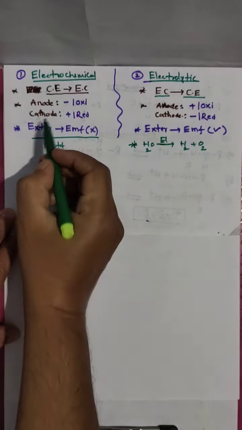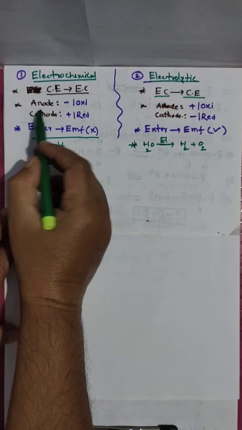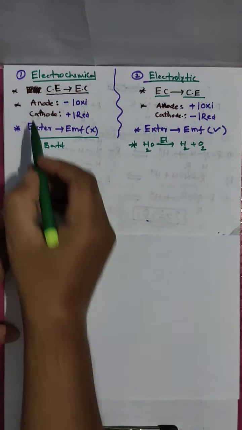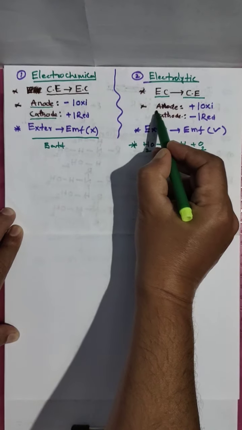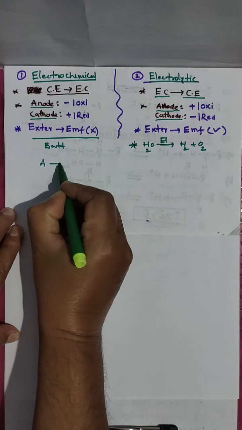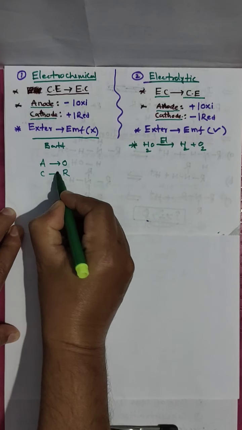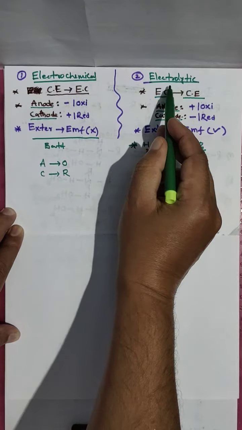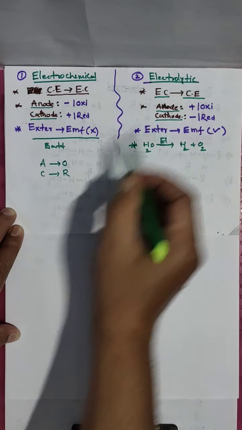And another major difference you have to remember, and students always get confused, is anode and cathode. I explained already in the previous video, anode is always oxidation, cathode is always reduction, whatever the cell may be, whether electrochemical cell or electrolytic cell.